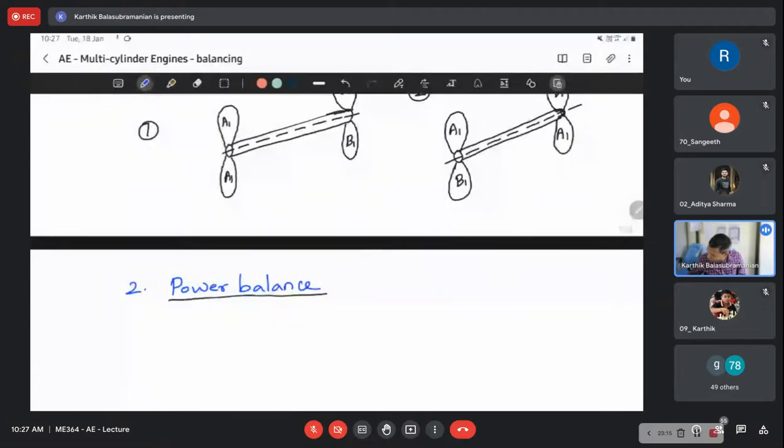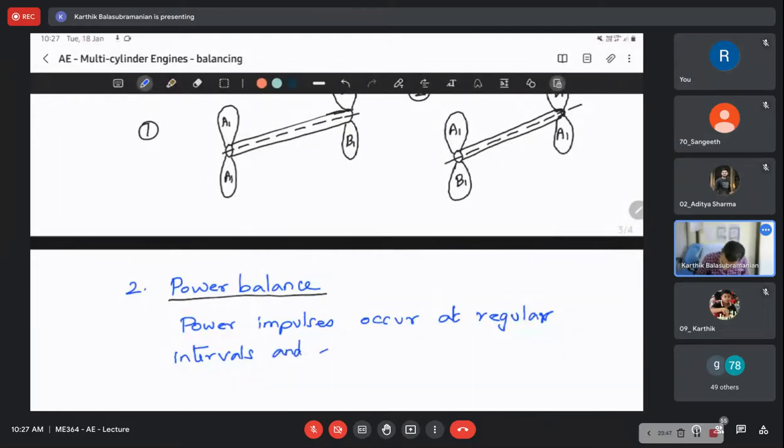To give you the exact definition of power balance: power impulses occur at regular intervals and each impulse exerts the same force.